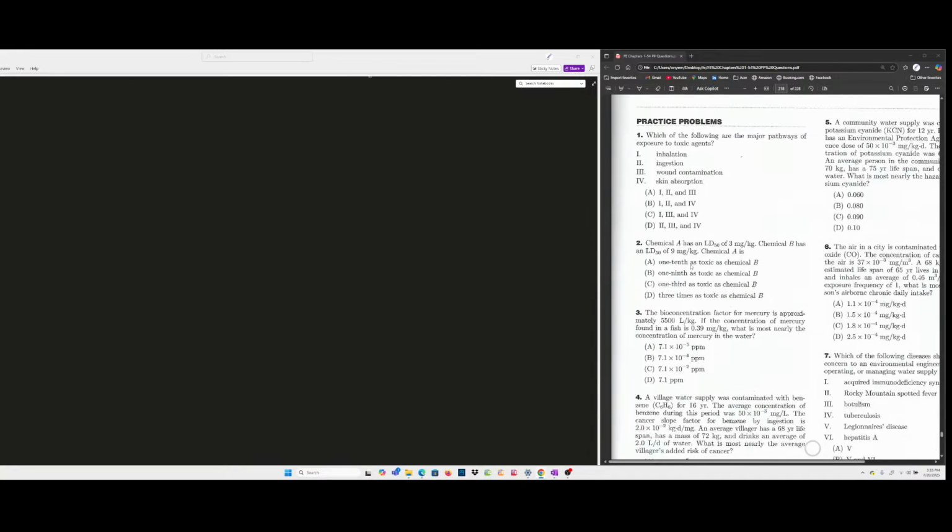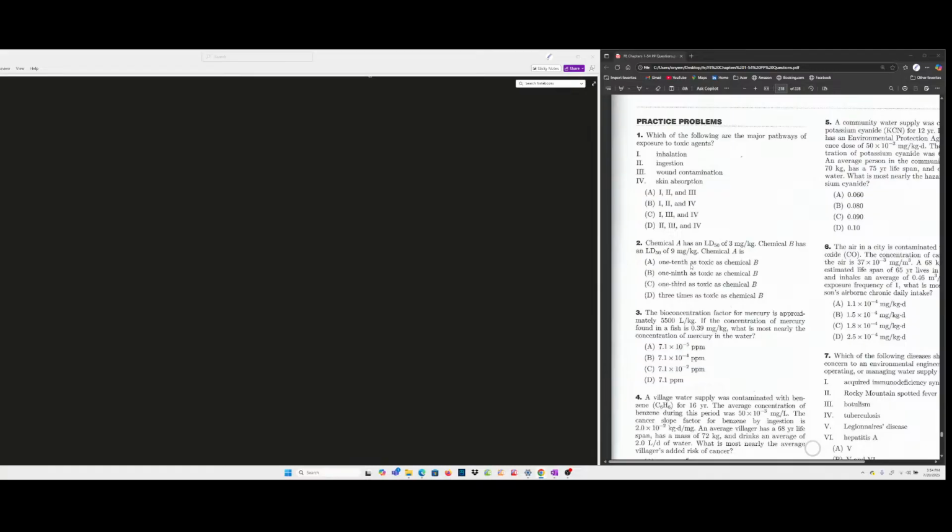For the second one, they say chemical A has an LD50 of 3 milligrams per kilogram, and B has 9 milligrams per kg. So chemical A is definitely more toxic, because a smaller LD50 means less exposure is needed. Is it 1/10 or 1/9 as toxic as chemical B?